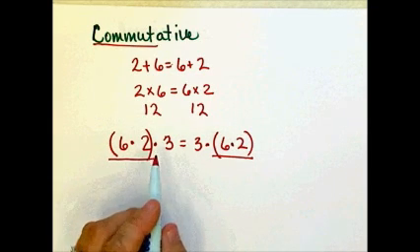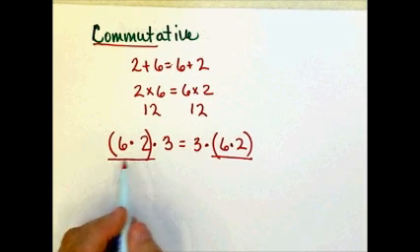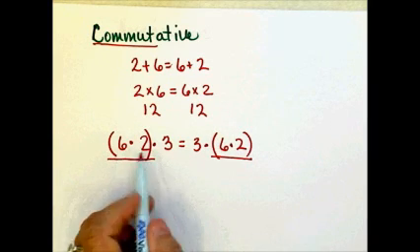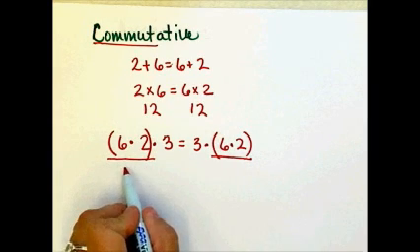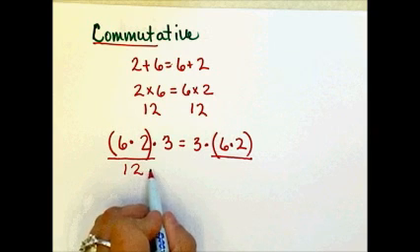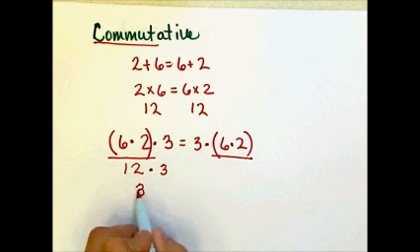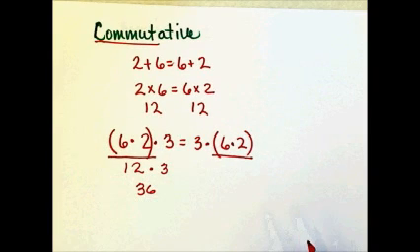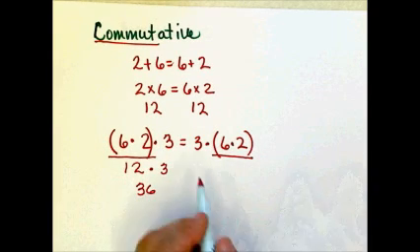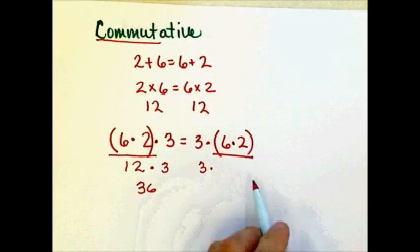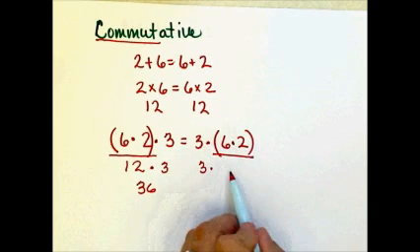So order of operations tells us that we're going to do parentheses first. So 6 times 2, or 6 rows of 2, is 12. And then I have 12 rows of 3, or 3 rows of 12, which would be 36. On the right-hand side, I have 6 rows of 2, which is 12.